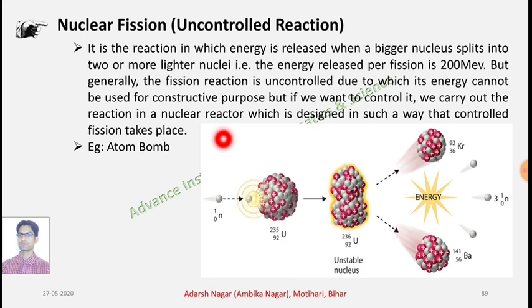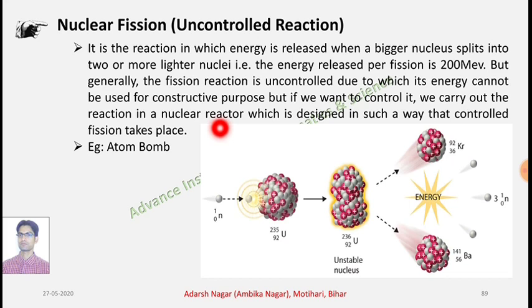Due to its uncontrolled reaction, the energy produced by nuclear fission can't be used for different purposes, so its energy is unstorable. That's why this reaction takes place in a nuclear reactor, which is a device.